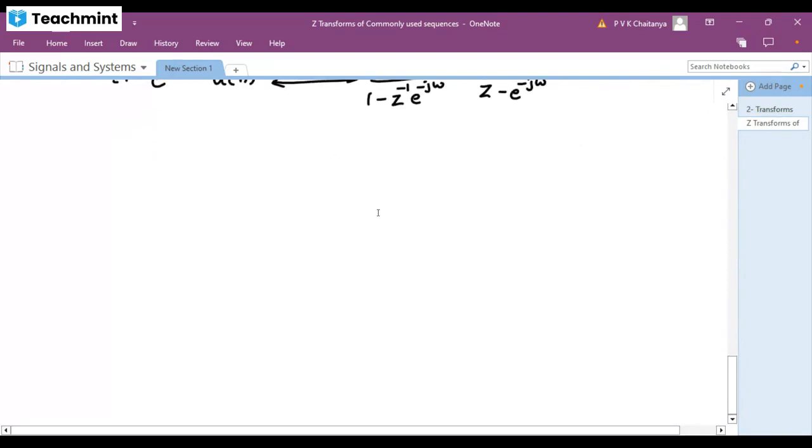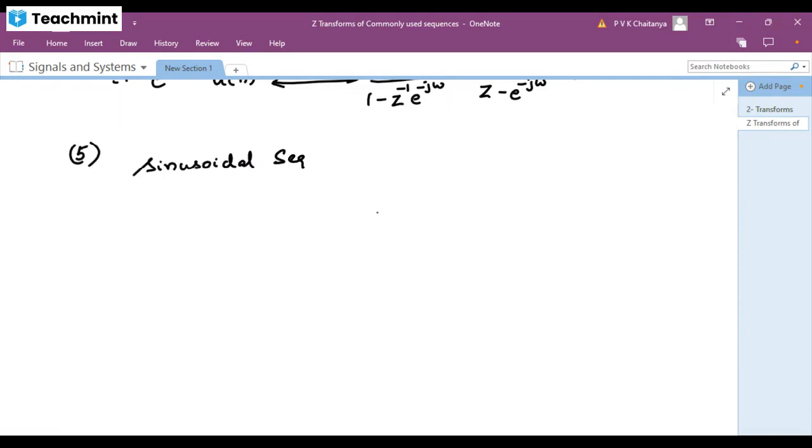So the next signal, might be the fifth one, is the sinusoidal sequence, that is sine omega n into u of n.